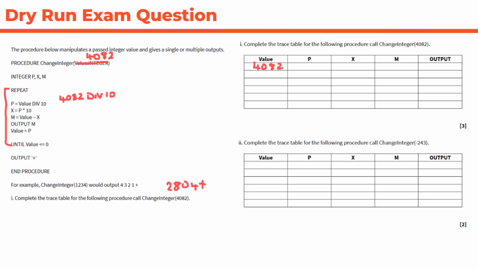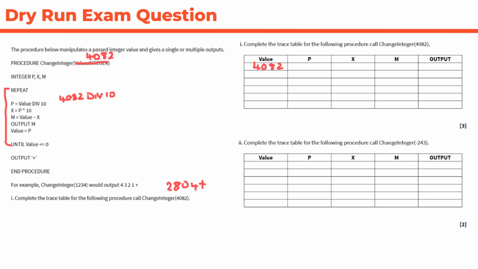A div operation divides the number by the required number here, which is 10, and only gives the whole number integer. A modulus operator will do a division with the number provided, but it will only keep the remainder of the division. It doesn't keep the whole numbers. So div is whole numbers.